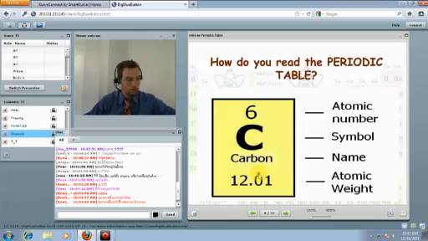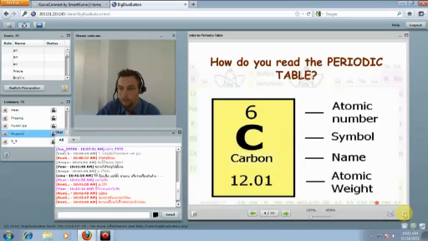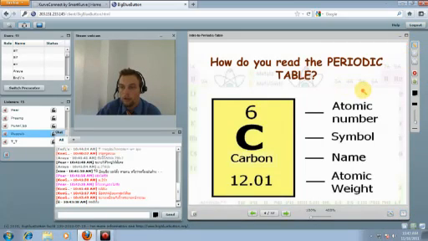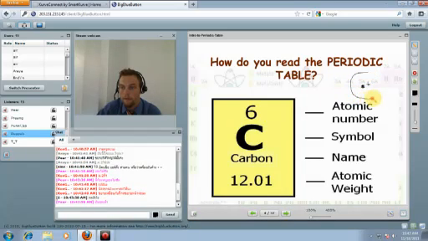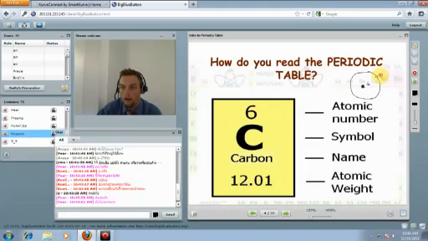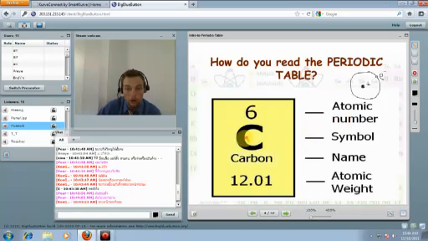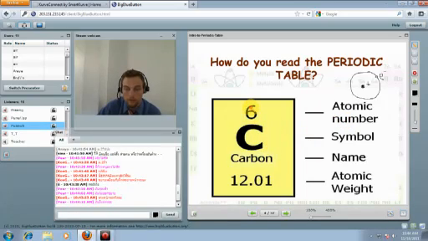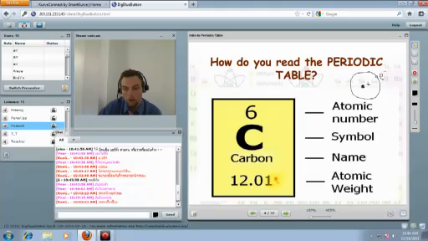Okay, so as I said before, let me just do the little super simple drawing here. Okay, so the atomic number for carbon is 6. The name, obviously, is carbon, and the weight is 12.